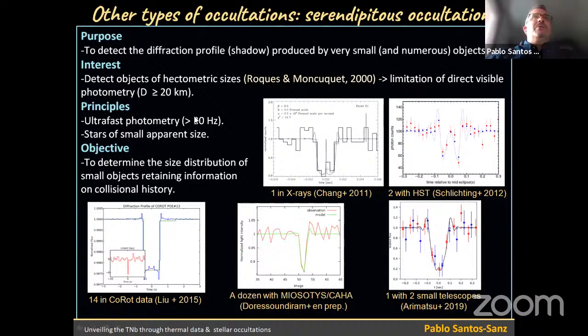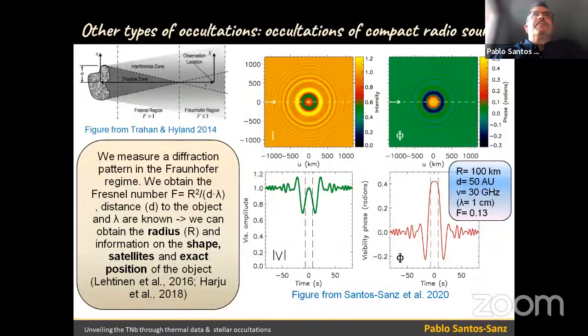Well, I'm not going to stay on this slide a lot, because there's another type of stellar occultation, the serendipitous stellar occultations, which are not predicted occultations. You just observe a star for thousands of hours and observe the occultation produced by really small trans-Neptunian objects that we can't see using direct photometry.